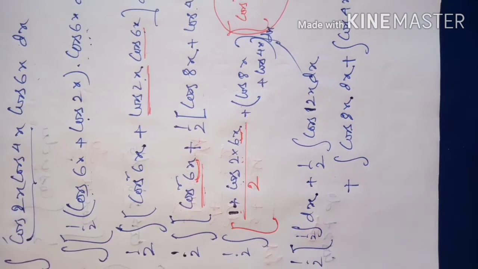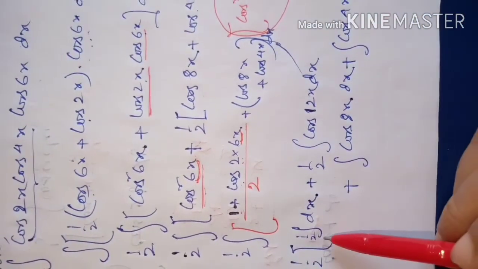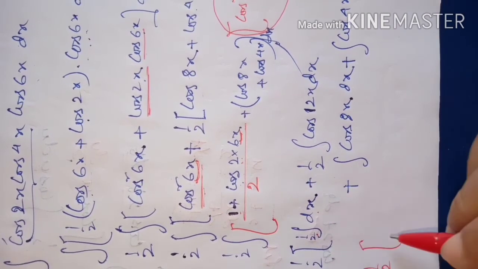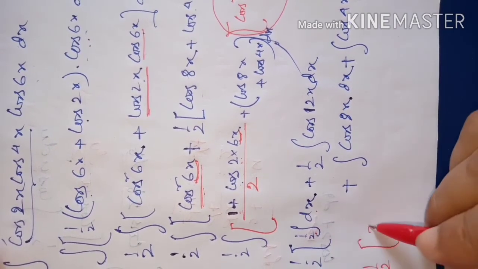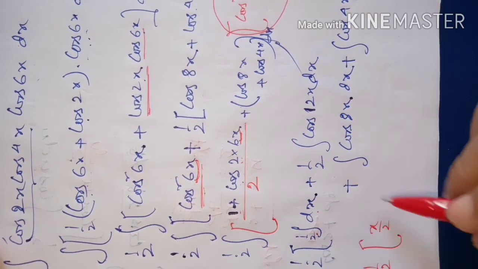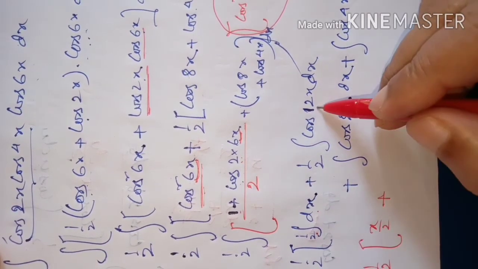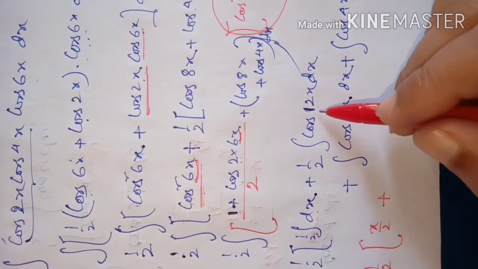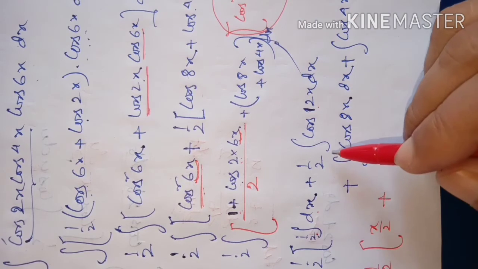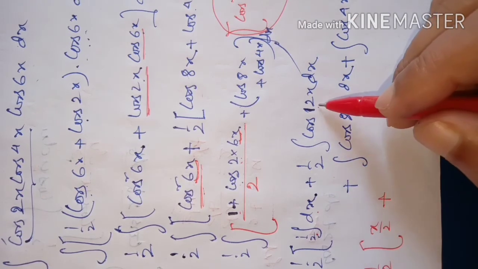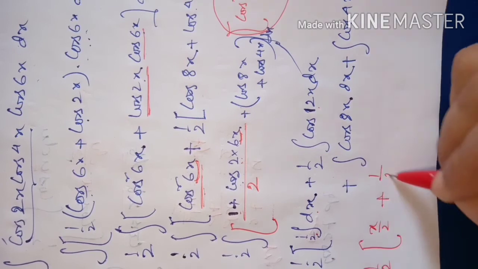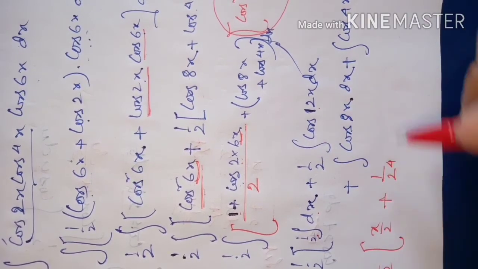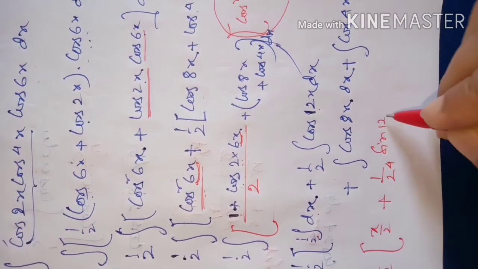Now step by step. For this, half is here outside, half into dx will be just x, so x by 2. Plus, dear students, this 12 will come as a reciprocal coefficient. Just now I told you, if it is cos ax, then a will become reciprocal after integration. So it will be 1 by 12 into 1 by 2, so 1 by 24 sine 12x.